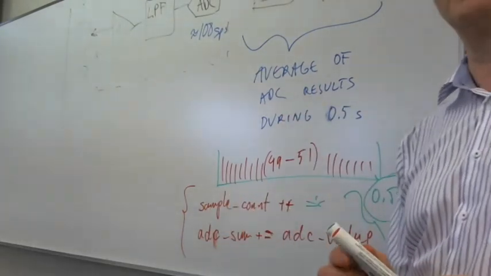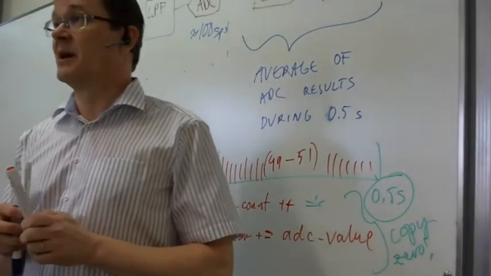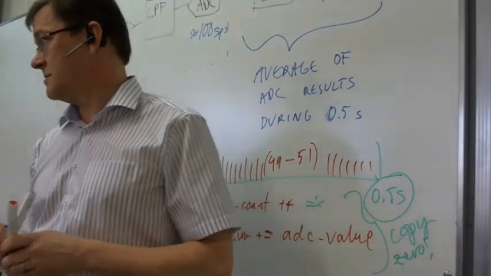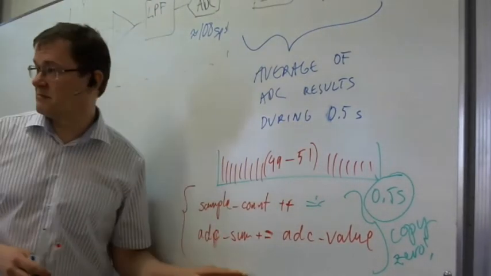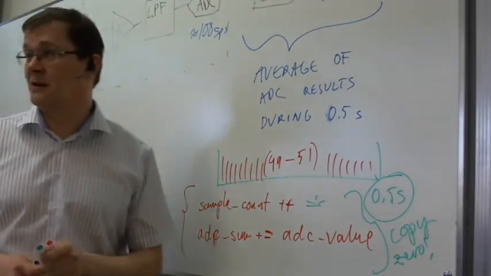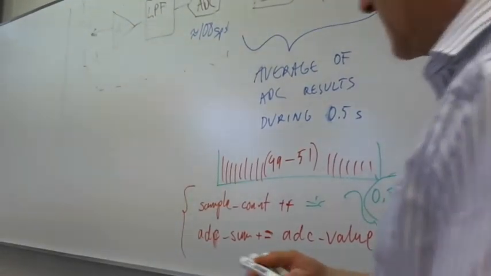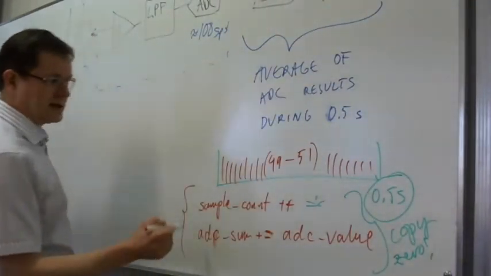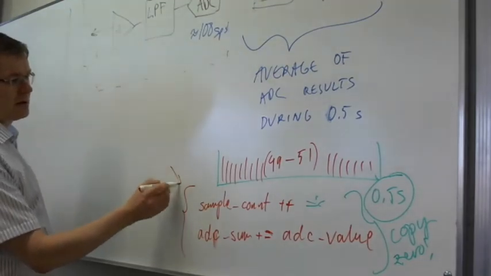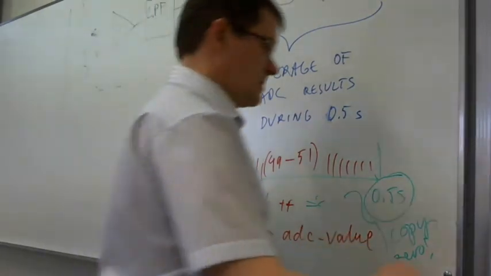The only speeding up component there is that it has a MAC, multiply accumulate unit, which probably helps already here without you knowing it. So that happens 100 times per second, and this happens 2 times per second.